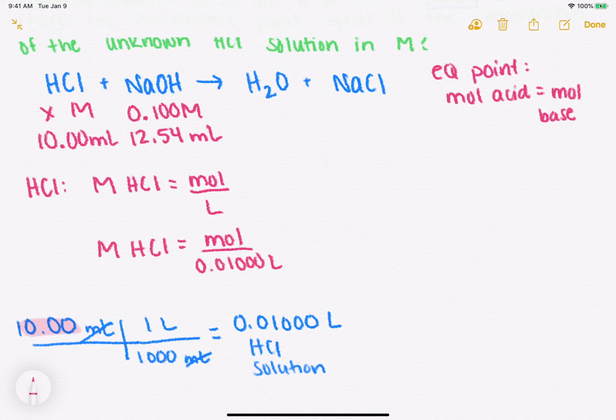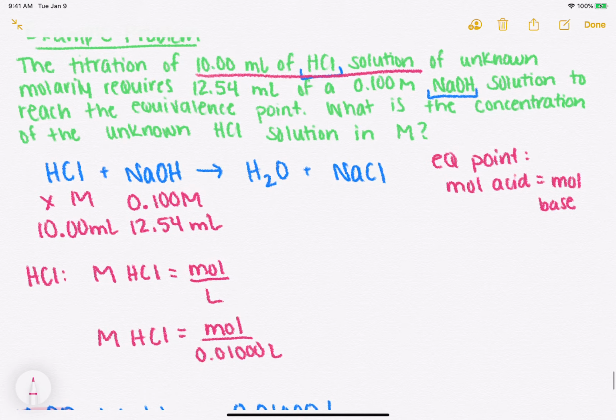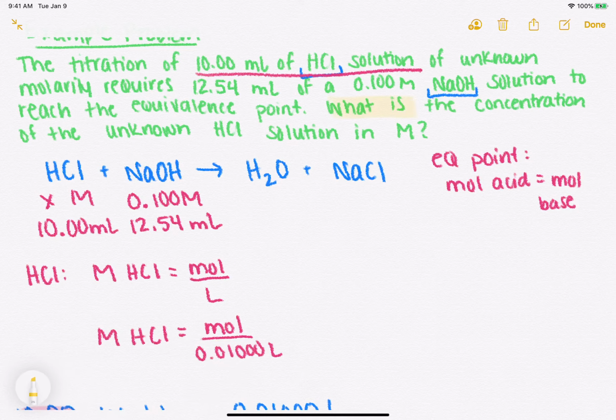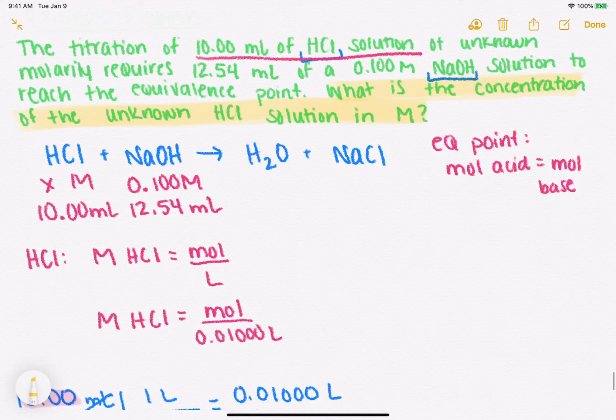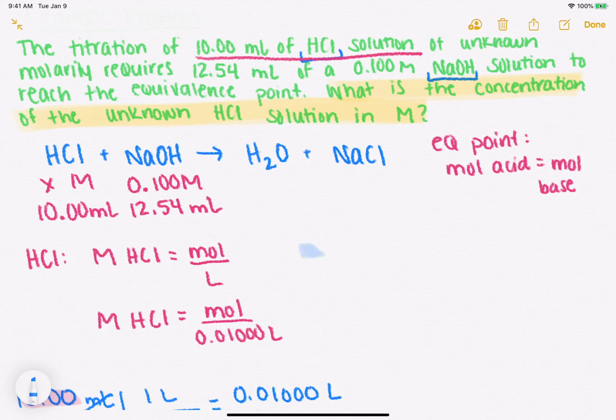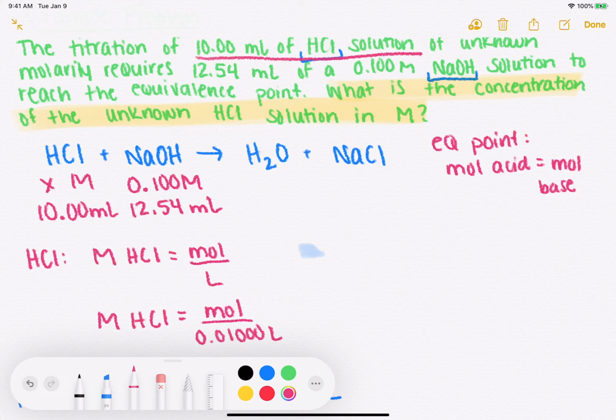So in order to solve for molarity, which is what the problem is asking us for, remember, it's asking us what is the concentration of the unknown HCl in units of molarity. So in order to find that molarity, the first thing we need to do is find the moles. We can do that because some other information that we have is information about the NaOH.